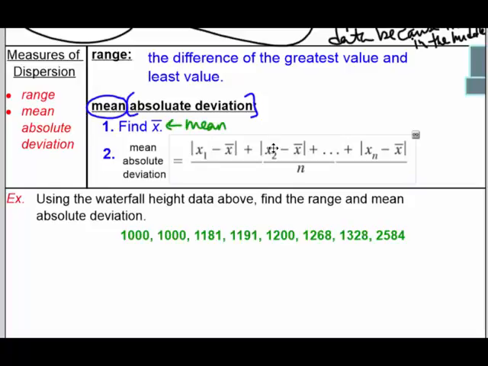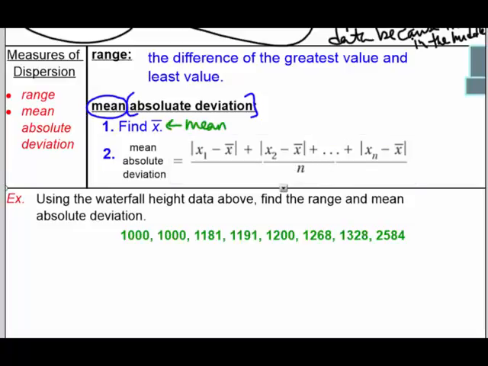Add it to the second point subtracted from the mean, the absolute value of that, and then keep adding on. It's going to be the sum of the absolute values of each data point subtracted from the mean. And then last part you have to remember, after you've added all those up, you've got to divide it by how many different data points there were.